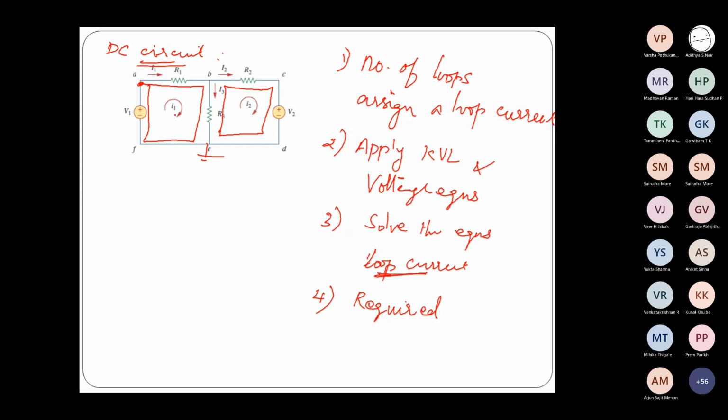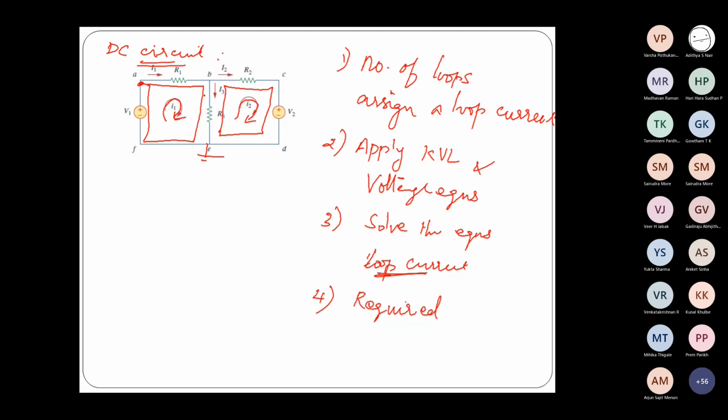We assume two loop currents: for loop 1, the current I1, and for loop 2, the current I2, both clockwise. The first step is done. The number of loops is 2 and the number of currents is 2. We are naming them I1 and I2; you can give any name, nothing wrong in it.